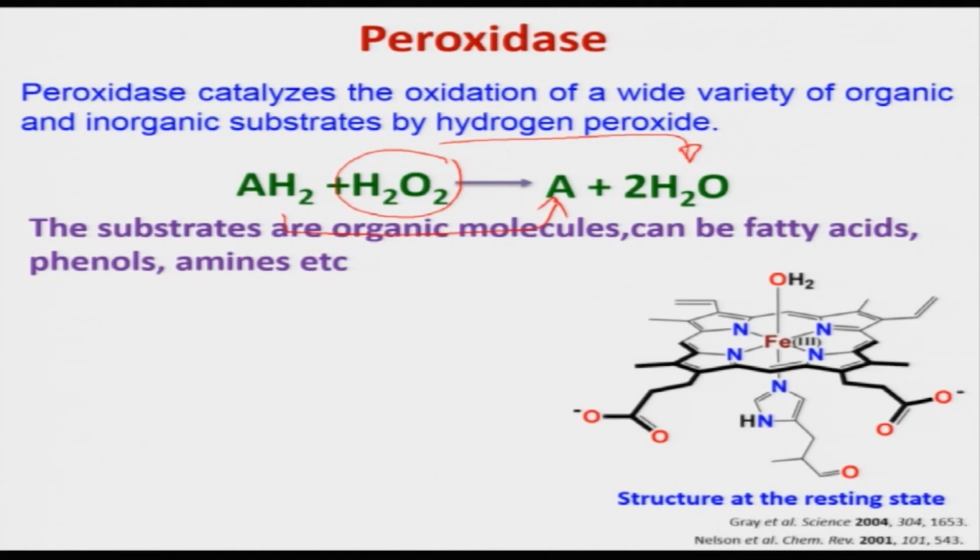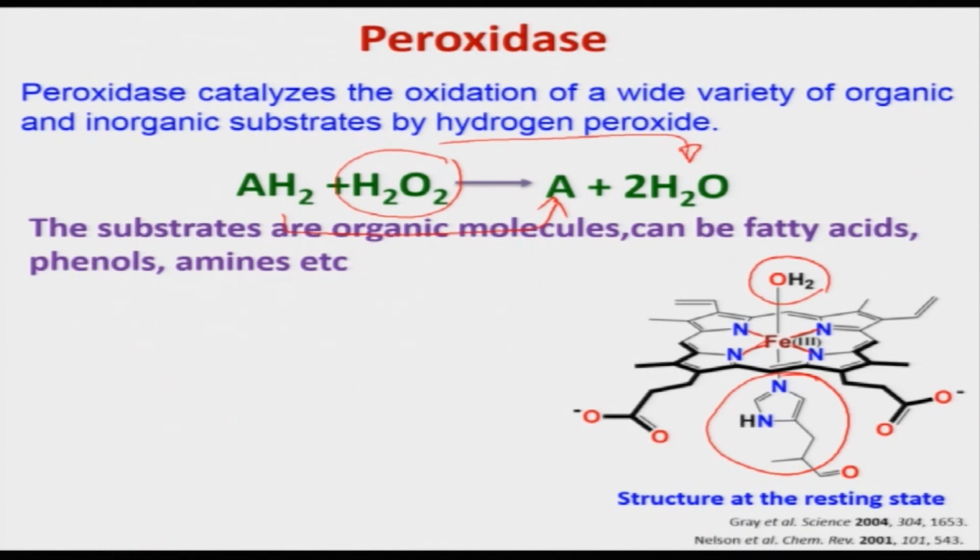Now, let us look at the structure of the peroxidase enzyme at the resting state, as you have seen in the case of catalase. Here also the iron is sitting at the center of the porphyrin ring, with 4 iron-nitrogen bonds, the fifth position is a histidine residue, while the sixth position is occupied by a water molecule which is weakly coordinated to iron.